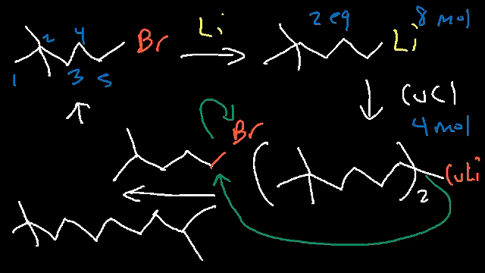And so this will be my answer. I believe I counted the carbons correctly, but let me make sure. Yeah, this should be right. And so that's how you can combine 2 alkyl halides together, if you ever need to do so.